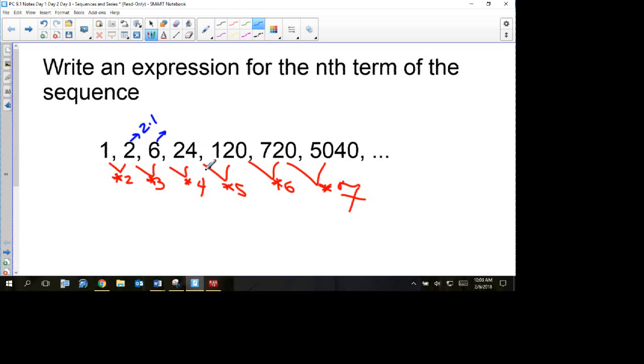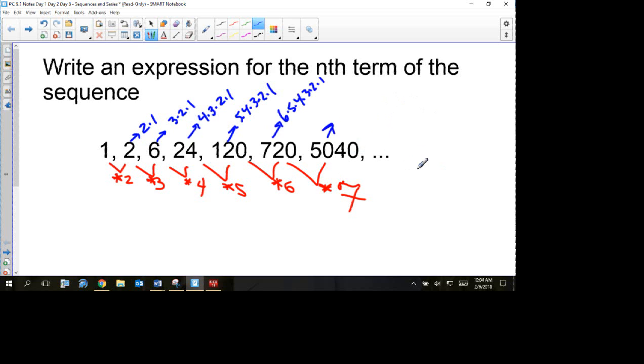Well, not prime, but just 6 is 2 times 3, right? 24 is 6, which is 3 times 2 times 4. 120 is just take the previous one and multiply by 5. 720 is take the previous one, multiply by 6. So I'm taking the previous factors and just multiplying by one more number.